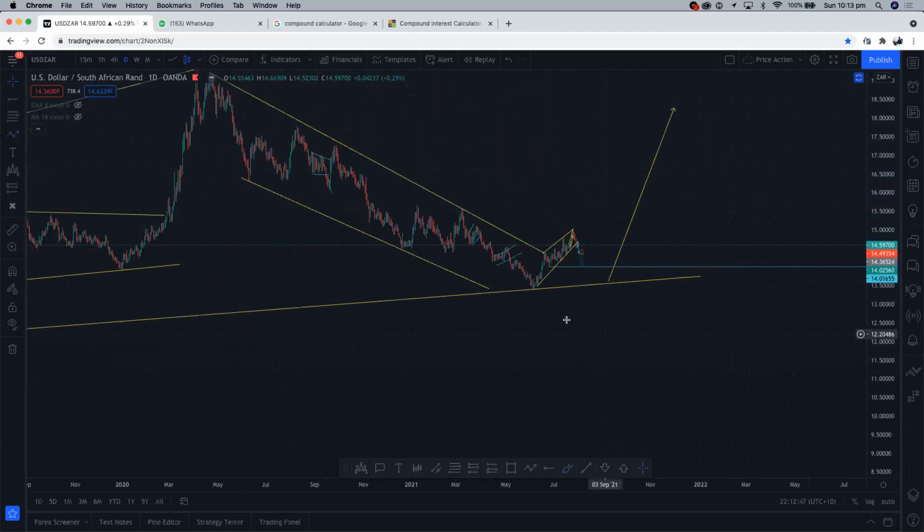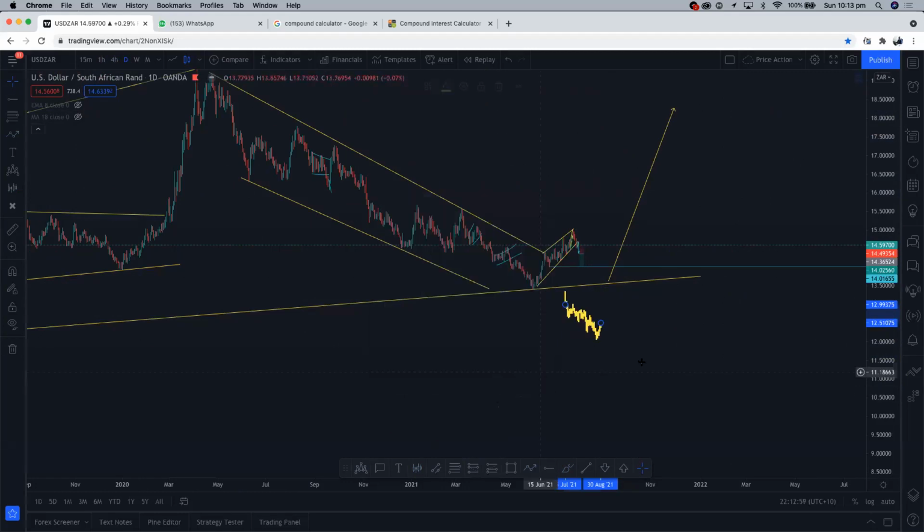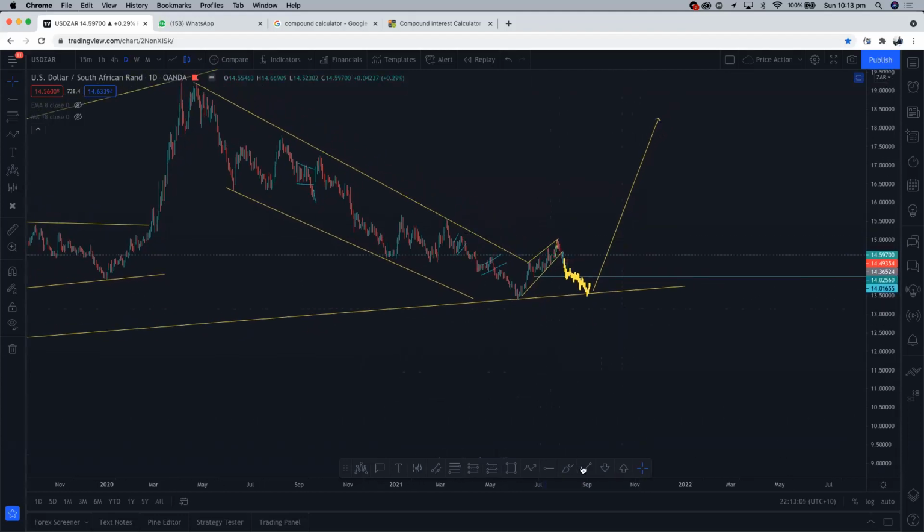So what we expect here on this price action is something like this. Let me show you. Something like this price action, okay? So if it comes down here like this, it is a reversal pattern. So if it comes here like this, the concept is the same, nothing has changed.